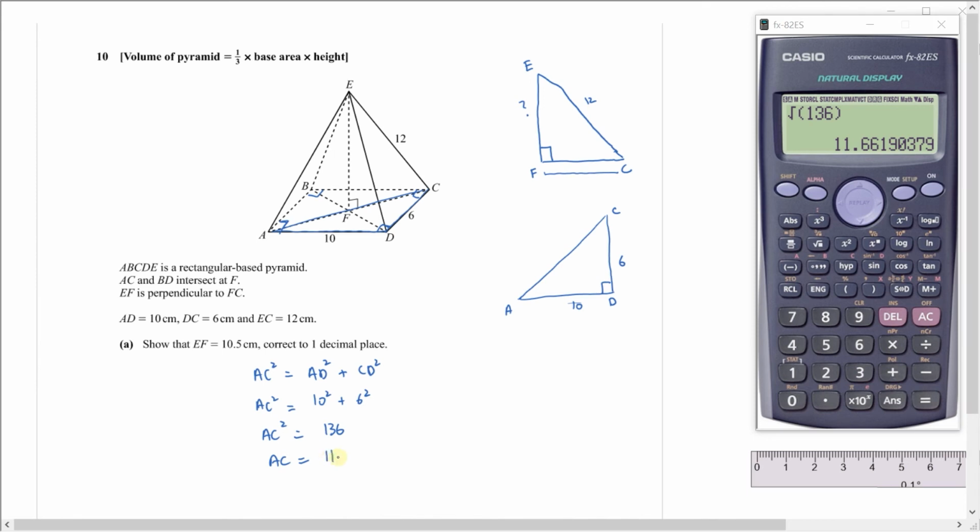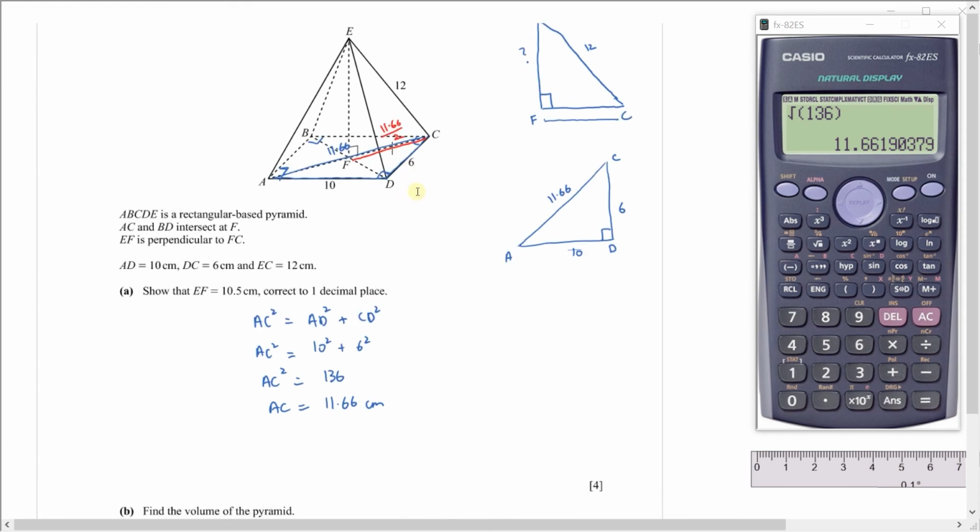which is 11.66 centimeters. So this full length is 11.66. So FC, which is this length for this triangle, let me mark this in red here. This length FC is half of 11.66.